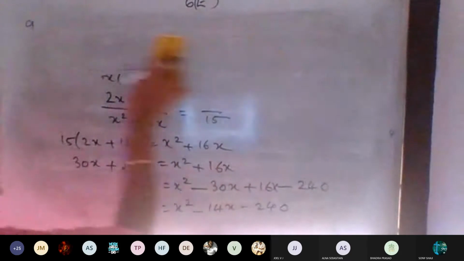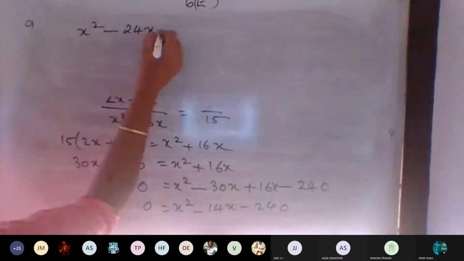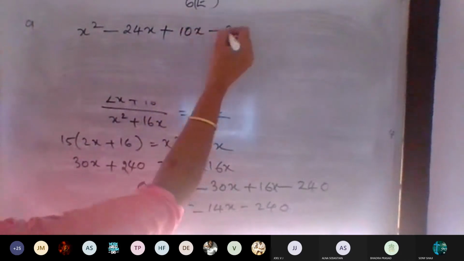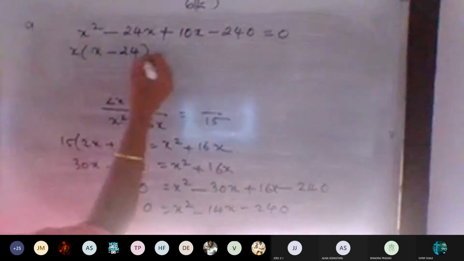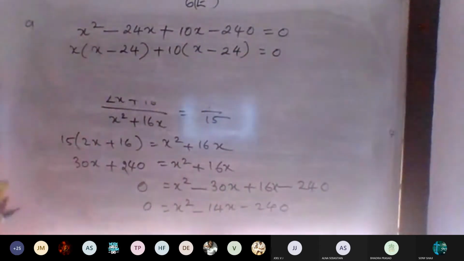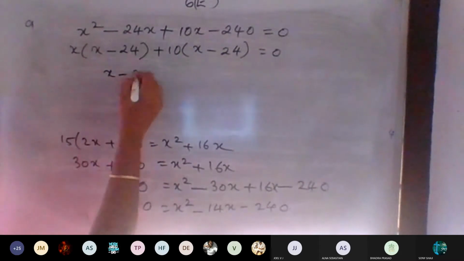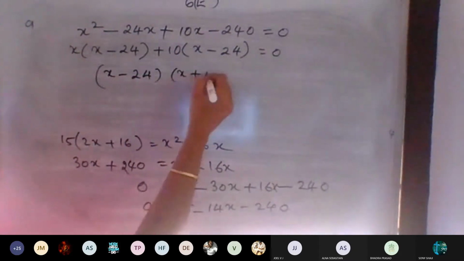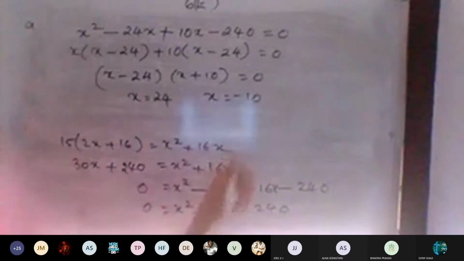Splitting minus 14x as minus 24x plus 10x: x square minus 24x plus 10x minus 240 is equal to 0. So x minus 24 into x plus 10 is equal to 0. Do it fast, time is a major factor, so practice. x is equal to 24, x is equal to negative 10.